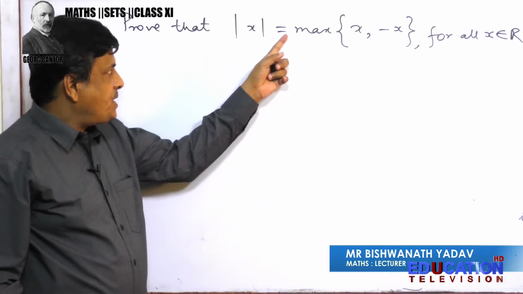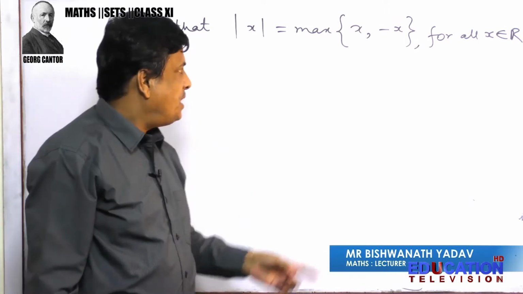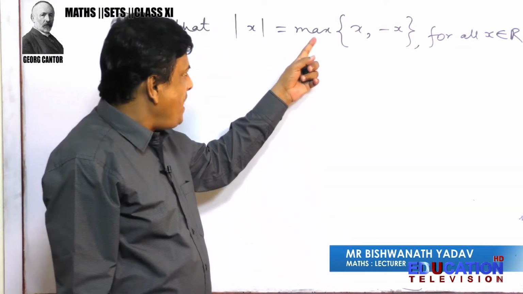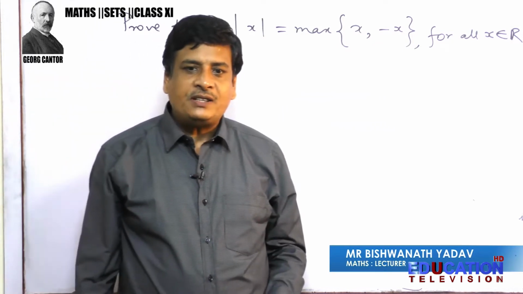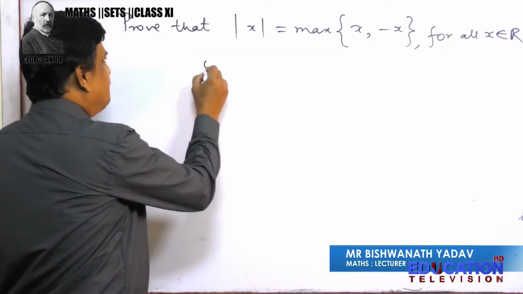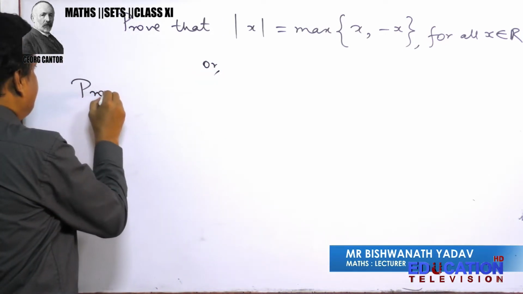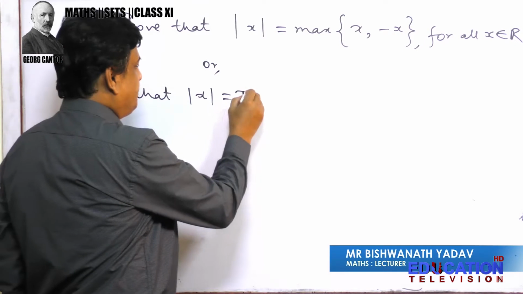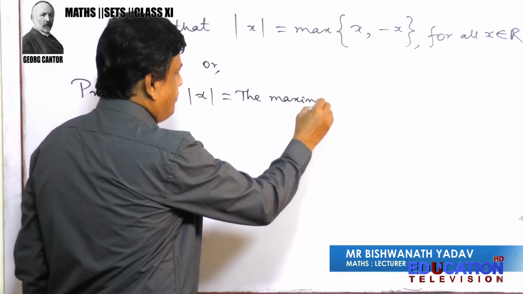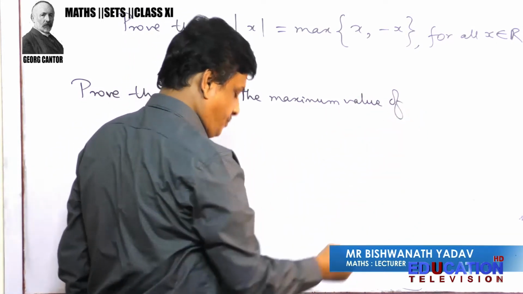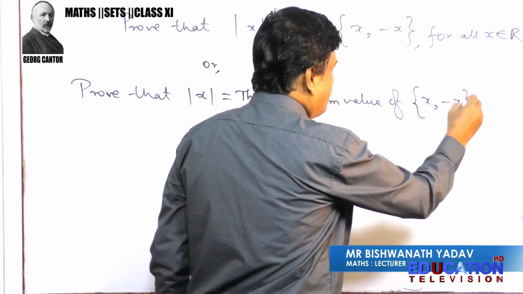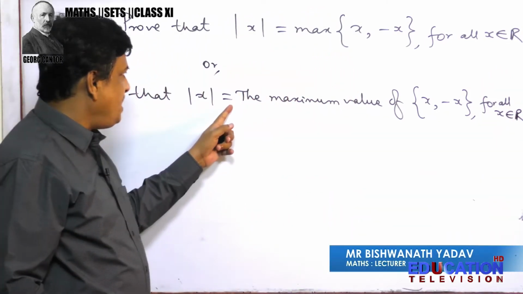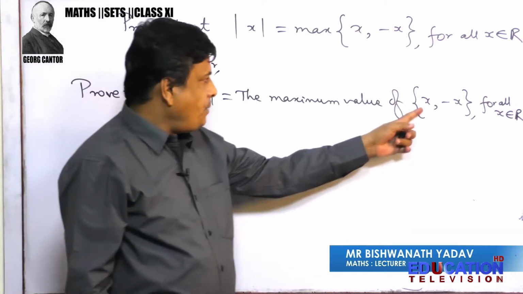Modulus of a real number is the maximum value of the set containing elements x and minus x for all x belonging to R. We can write the same as modulus x is equal to the maximum value of the set containing elements x and minus x.